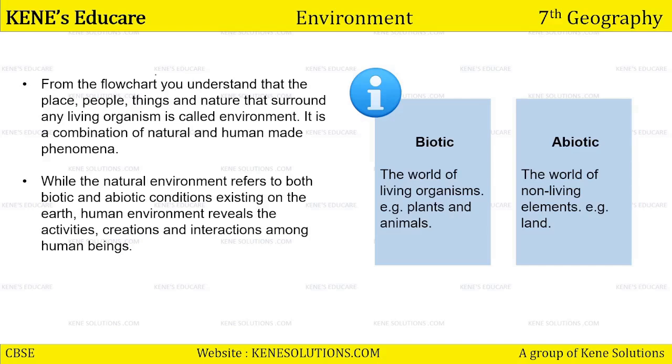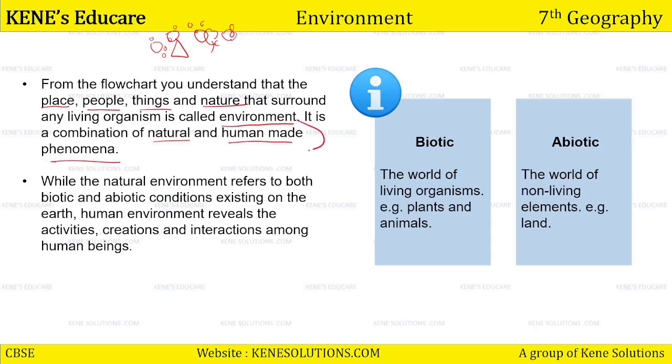Children, the flowchart we read right now, you must have understood that place, people, things, and nature that surround any living organism is called environment. That means if you are a living organism and the places you are surrounded with, the people, the things, the nature you are surrounded with, everything is environment, right? It is a combination of natural and human made phenomena.